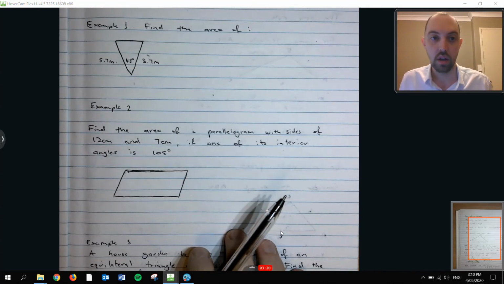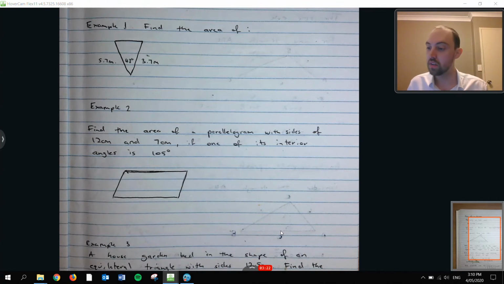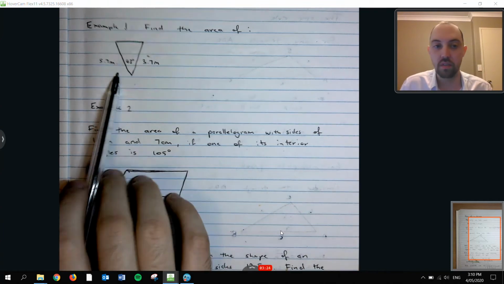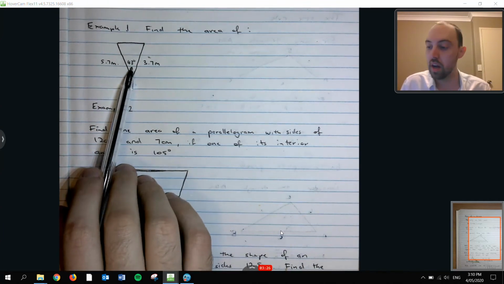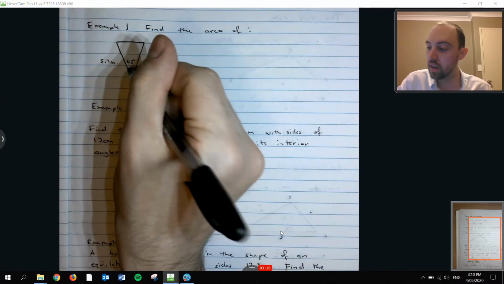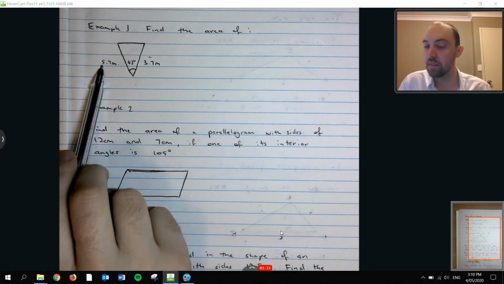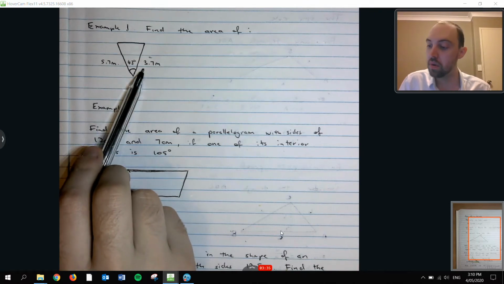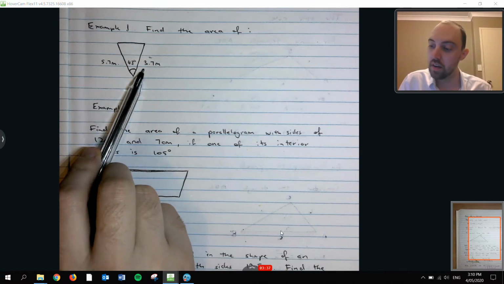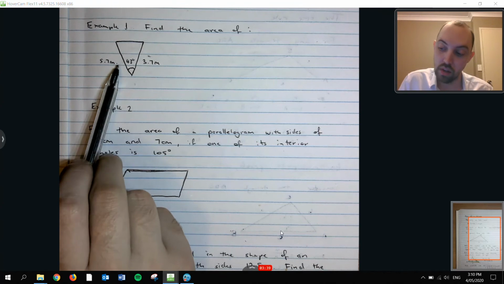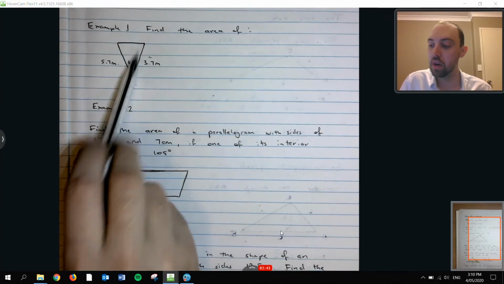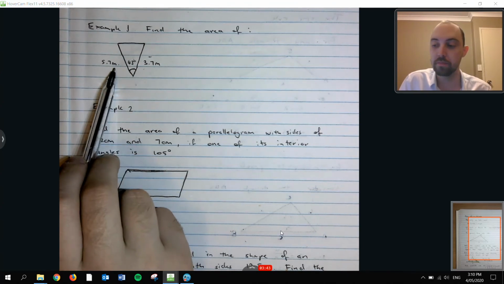Okay, so we have our first example. Find the area of this triangle here. We've got an angle of 43 degrees at the tip here, and its sides are 5.7 and 3.7 meters. Now, is the angle in between the two sides that we know? Yes, it is.